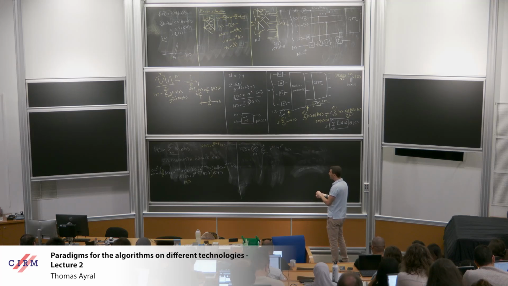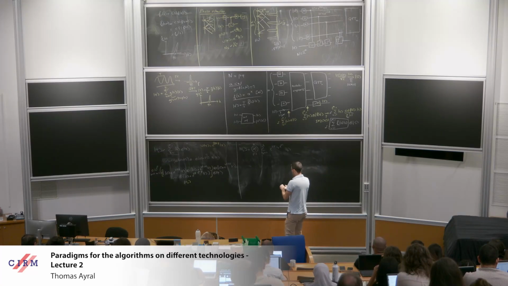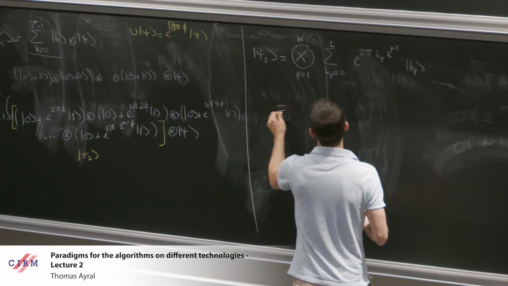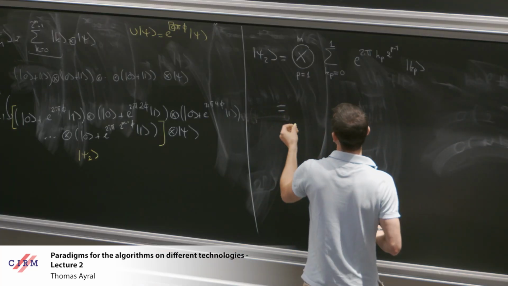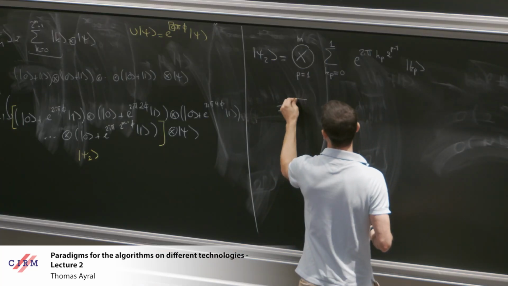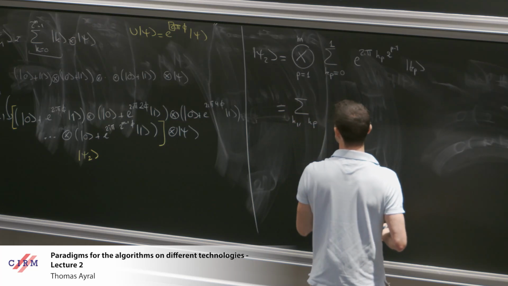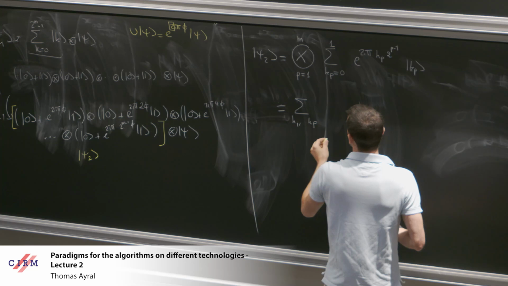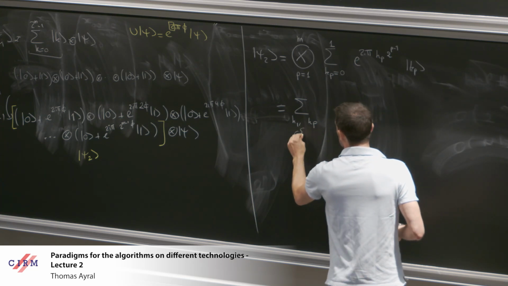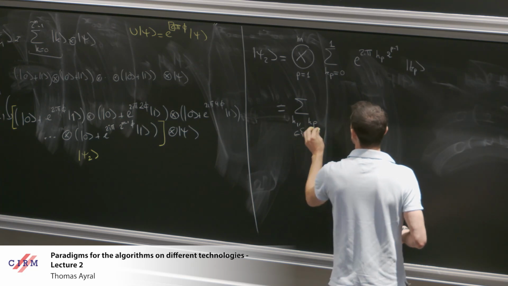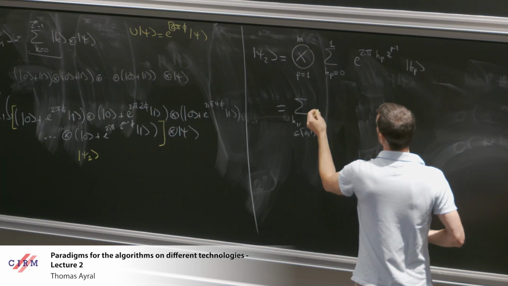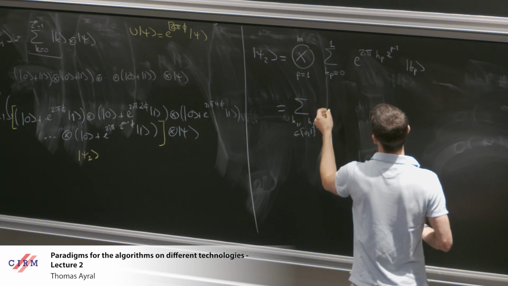And now I'm going to do the same trick as yesterday by swapping the tensor products and the sums. Let's see if I can convince you that it works. I can write it as the sum over k1 to km, all of them in {0, 1}, and then I have a tensor product.